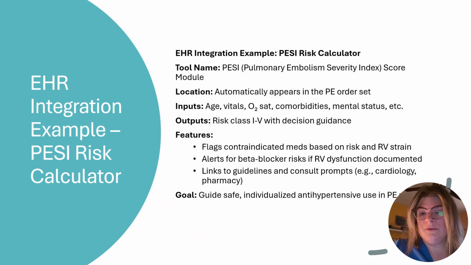Features include flagging contraindicated medications and alerting providers to beta blocker risks to RV dysfunction. Links to guidelines and consult prompts facilitate informed decision making, aiming to optimize antihypertensive use and improve safety in PE management.